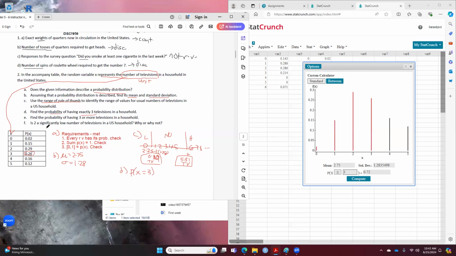Otherwise, you can use your StatCrunch here. You just use the symbol equal to, and then you get 0.26. So this is pretty easy here. This is what I expected you guys to write. So when you hear the word probability exactly 3, this is the symbol you have to use.